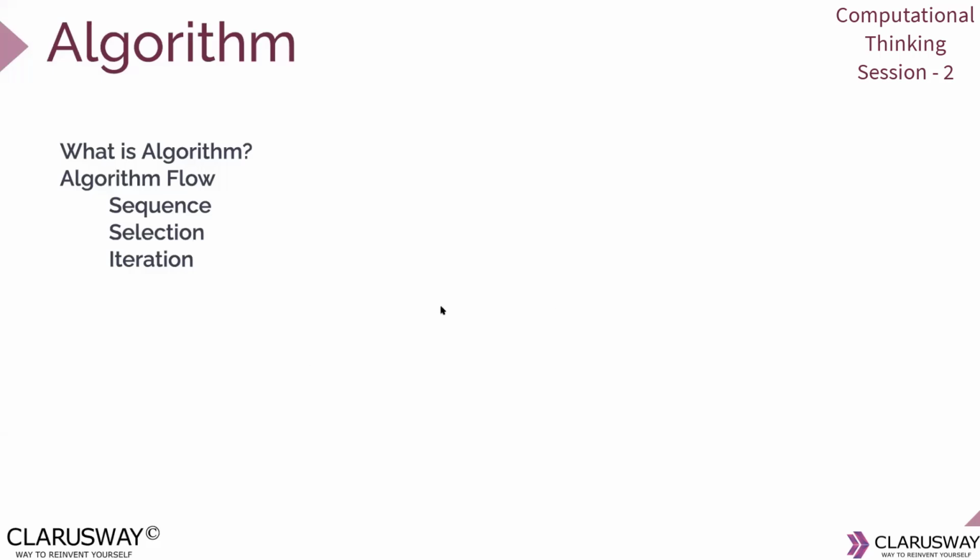And also here, we say that an algorithm has a flow, so it has sequences, it iterates, it selects stuff, and etc. So we're going to be trying to express stuff like this with our pseudocode. So we're going to try to express a flow, a sequence, a set of selections and iteration, and etc.